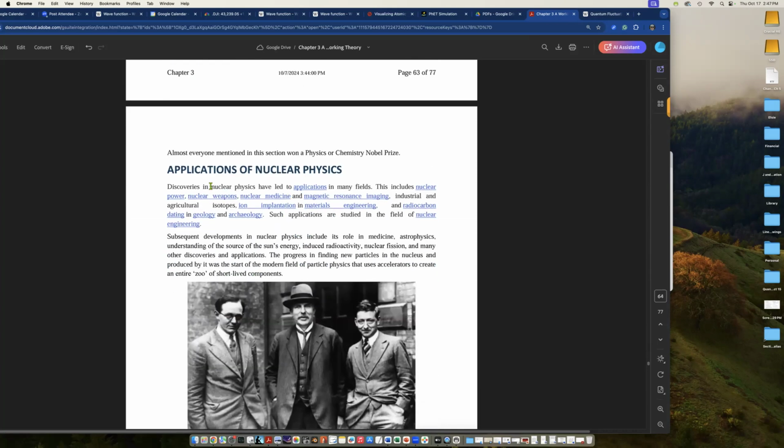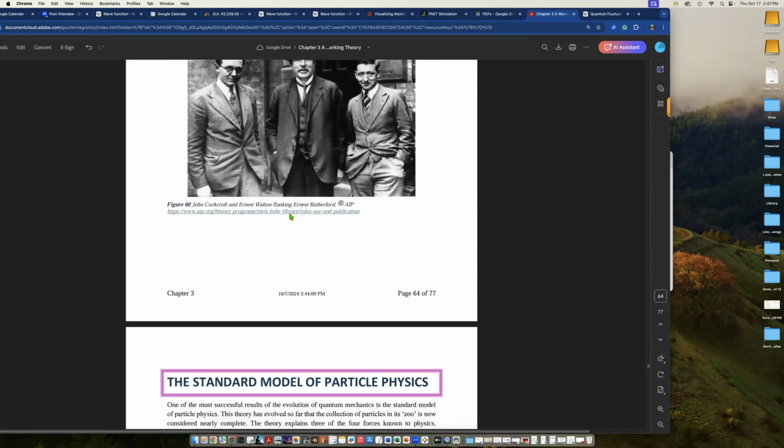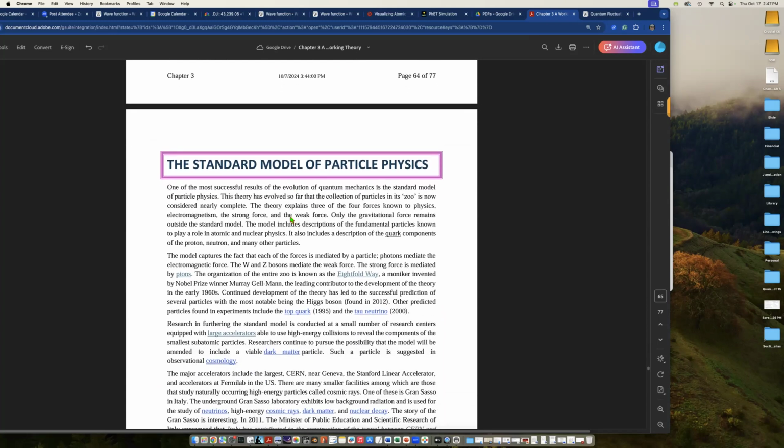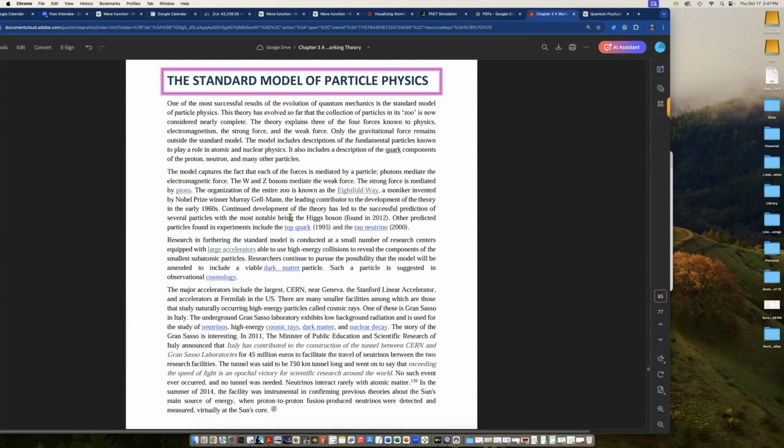And of course, today we have all sorts of applications of nuclear physics, many of them in medical situations, but also nuclear power, nuclear weapons, imaging for medical research, geology, and so forth. And what has evolved from applying quantum mechanics to the nucleus is a standard model of particle physics.